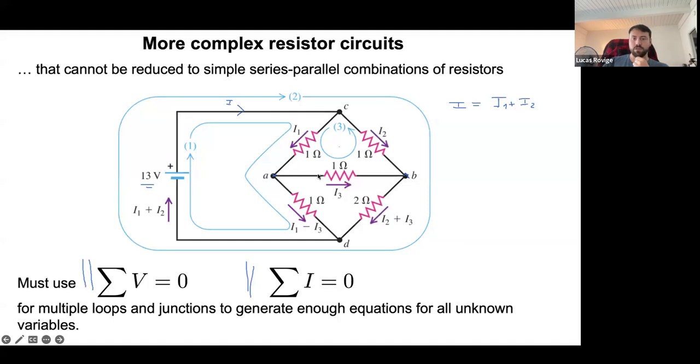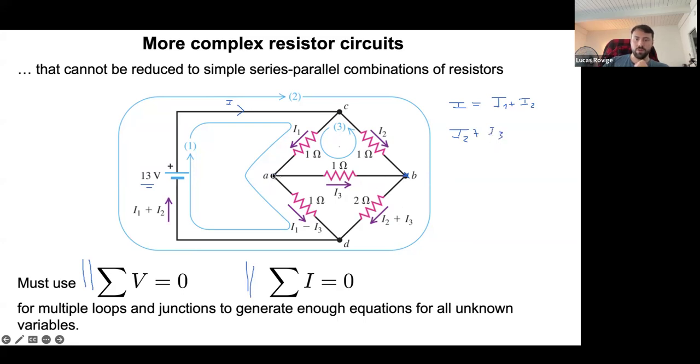Here we can call this current I3. Using Kirchhoff's law at this new junction, we know that this new current here is going to be equal to I2 plus I3.